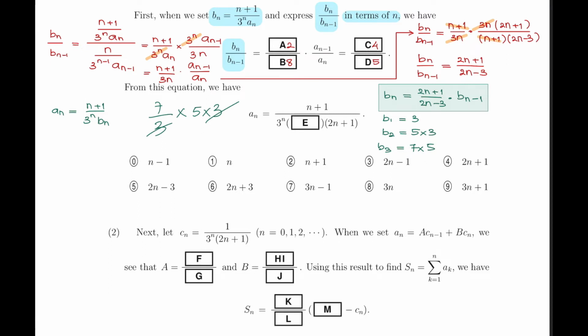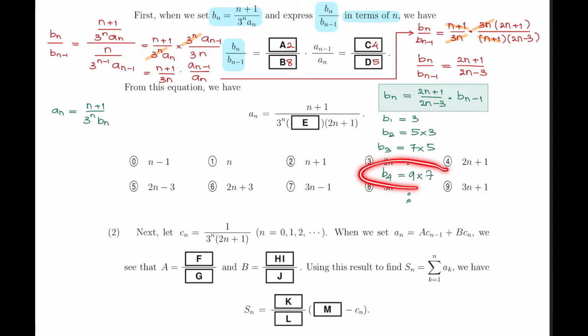I think from these 3 terms, you already know the pattern of Bn. B1 is 3. B2 is 5 times 3. B3 is 7 times 5. If I guess B4, I think B4 must be equals to 9 times 7 and so on.